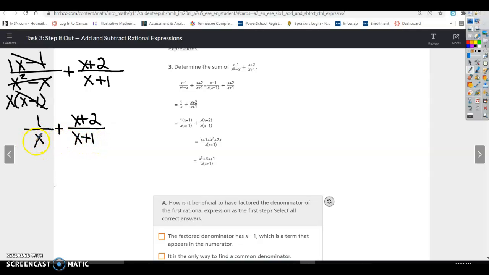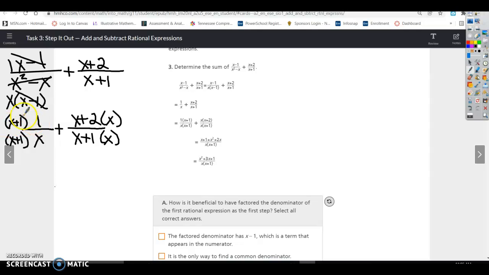All right, so we have to multiply the left side by this denominator, which is x plus 1, and we do it on top and bottom. And we multiply the right side by the denominator over here, which is just x.